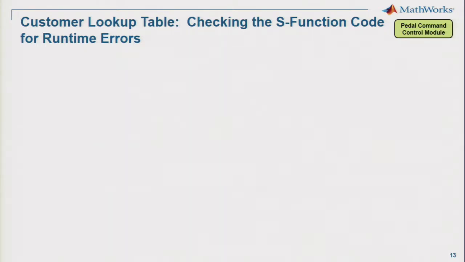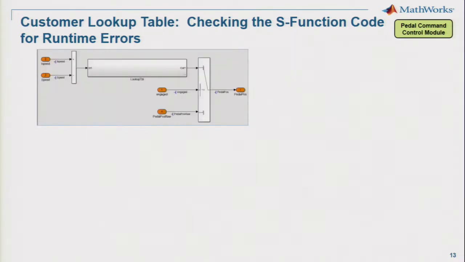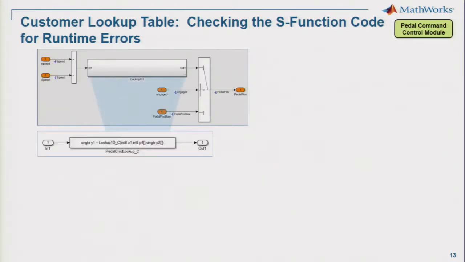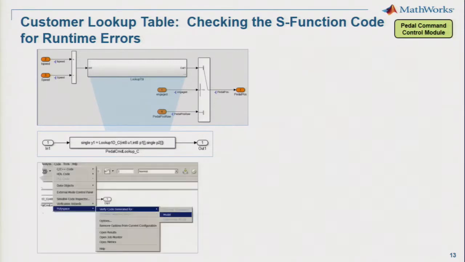Before we start simulating and testing the model, we can look at a single block to see if we have a runtime error. In this case, we're going to analyze an S-function, a Simulink block containing an S-function, where I can run Polyspace Bug Finder by going through the model.